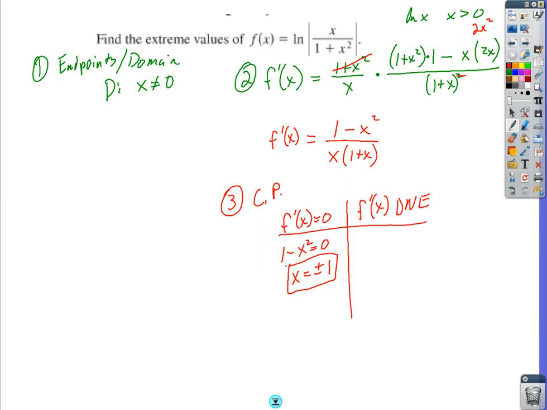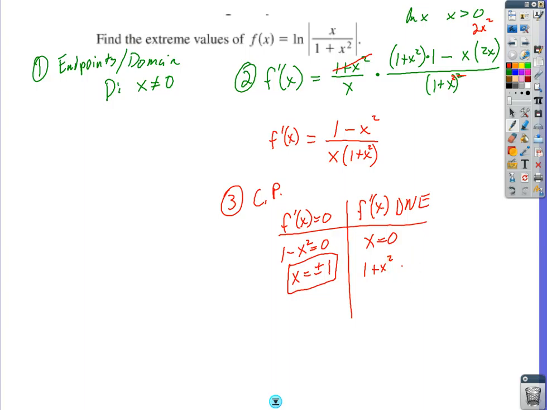Next I check for does not exist. Well, when does that happen? That happens when my denominator is 0, or in other words, when x equals 0. And again, I ask, is that in my domain? No, that is not in my domain, so it is not a critical point. However, I do have 1 plus x squared. That's supposed to be squared. Does that ever equal 0?